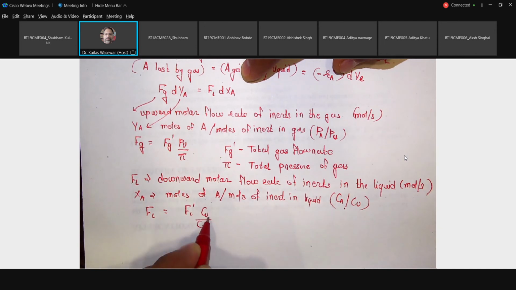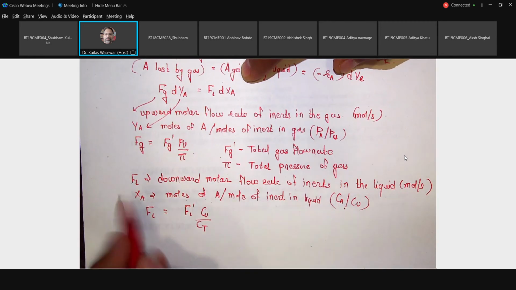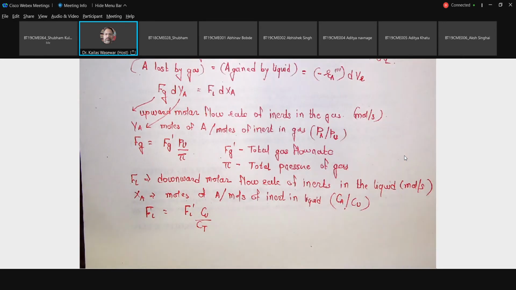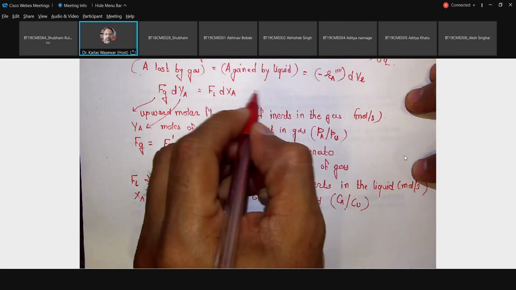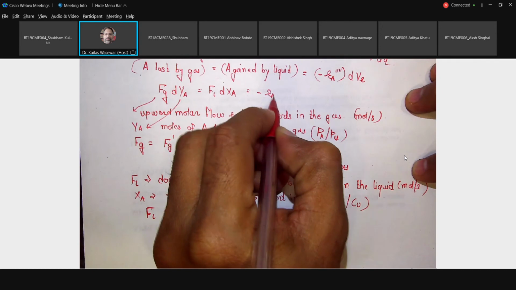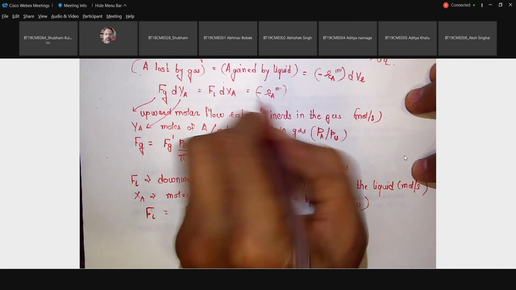Cu represents concentration of inert, Ct representing the total concentration, FL prime representing the total molar flow rate, including inert plus A. Okay, so this is the nomenclature. And this we have written is equal to minus Ra dVr.